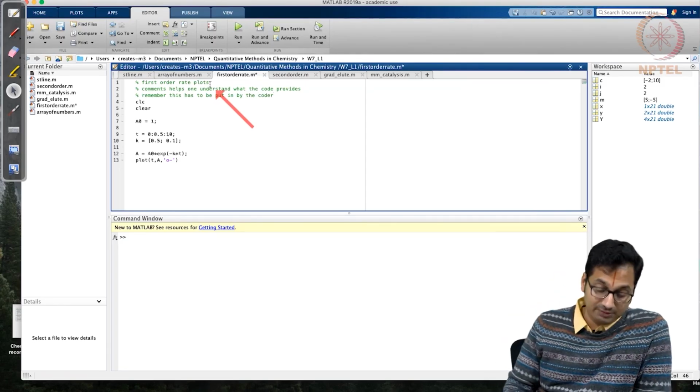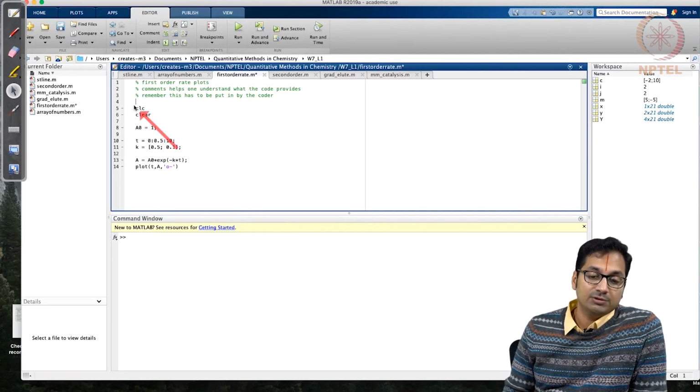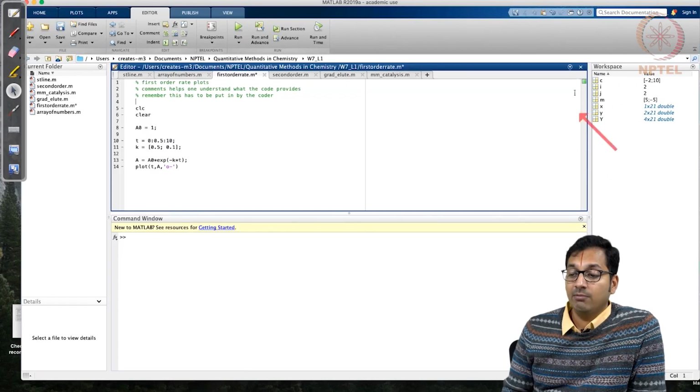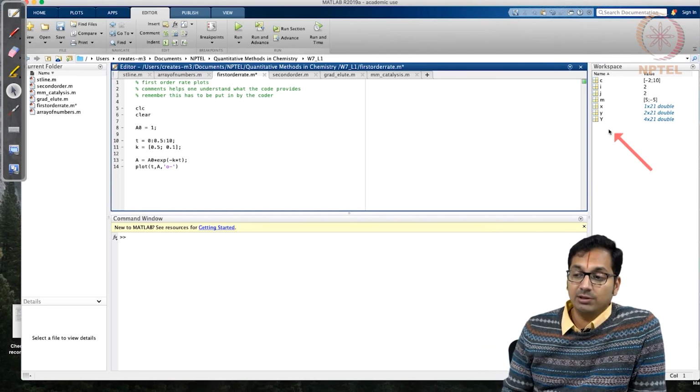Basically, if the coder doesn't give comments, you are not going to understand what it is written for. As always, you start with clearing the screen and clearing any variables that might exist. Remember, you might have defined some of the variables earlier which you don't want or which might interfere with your simulation. So it is always a better idea for you to clear it up before starting.